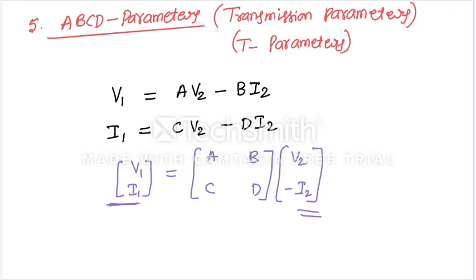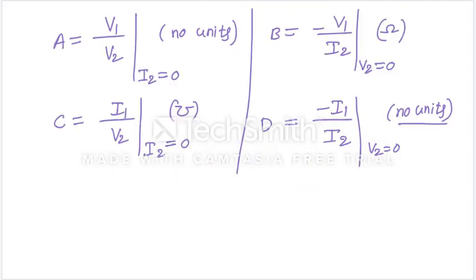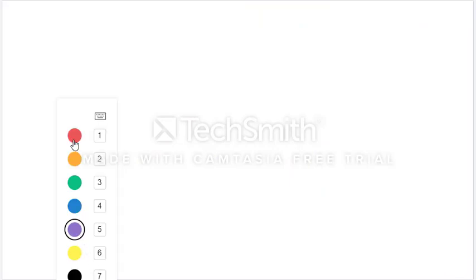For this there is no standard network that we can develop. Now the conditions: if A is equal to D, then we can call this network a symmetrical network.